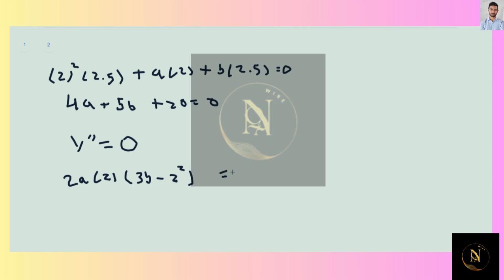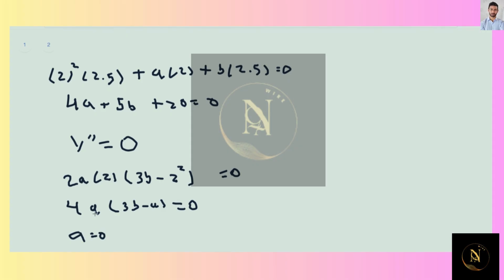We're solving for where this equals 0, because that's where the inflection point is. This comes out to be 4a times (3b minus 4).